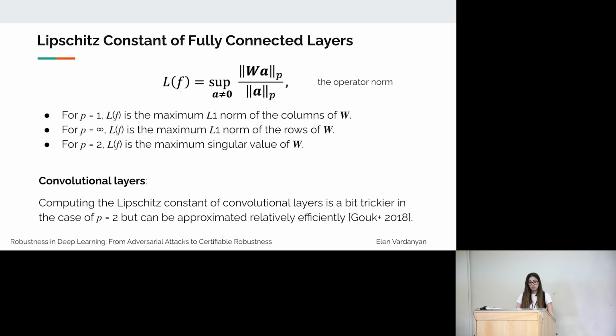For p equal to 1, so for the L1 norm, we get it as the L1 norm of the columns of W. For p equal to infinity, we get the L1 norm of the rows of W, and for p equal to 2, we get the maximum singular value of the weight matrix. For convolutional weights, it's a bit trickier to compute, but can be approximated relatively efficiently. But we'll just focus on the ReLU layers here.